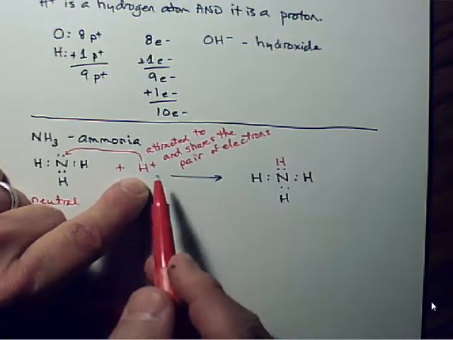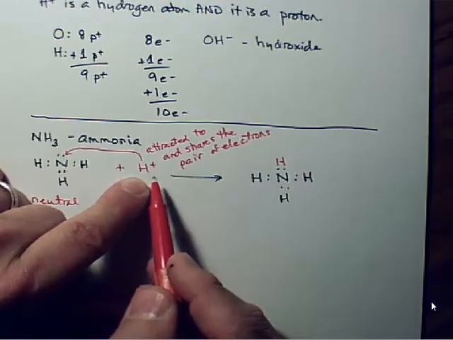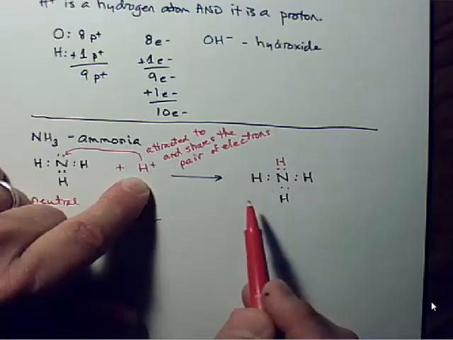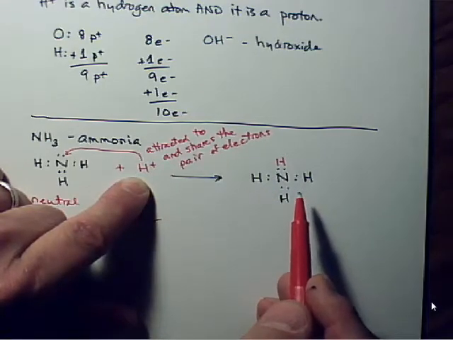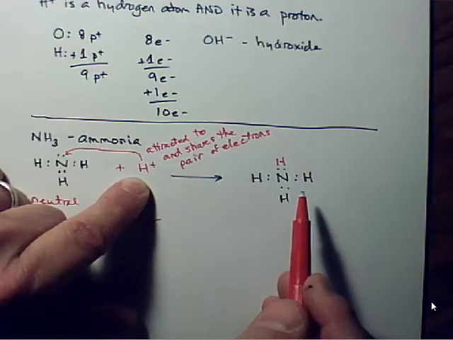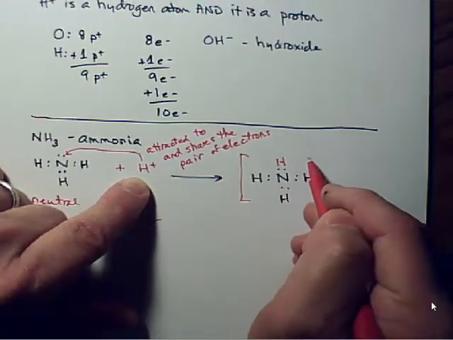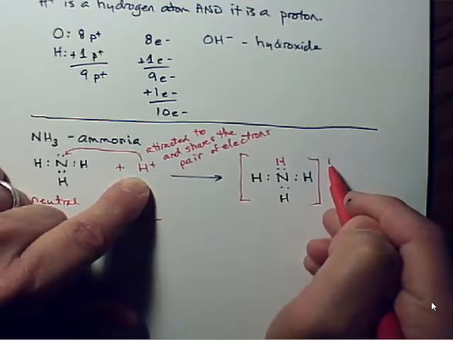As a result, this extra proton is put on this molecule that had a neutral charge. Well, that means you've got one more proton than all the electrons. Okay? Which means this new molecule has a positive charge.